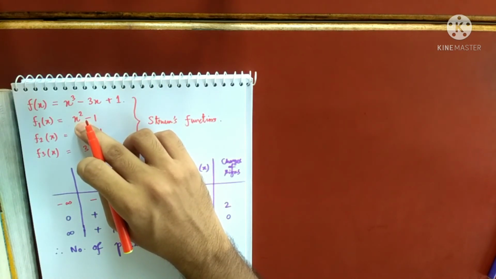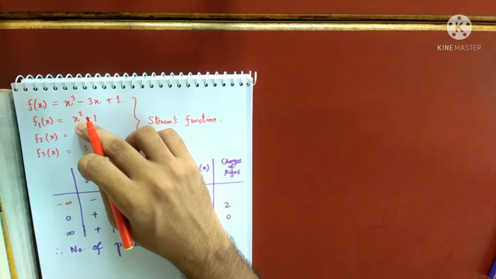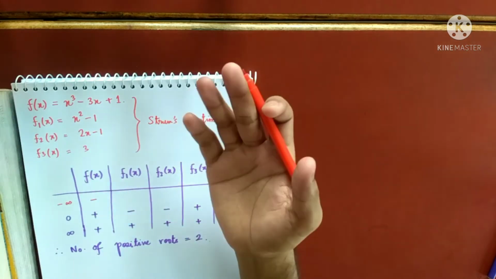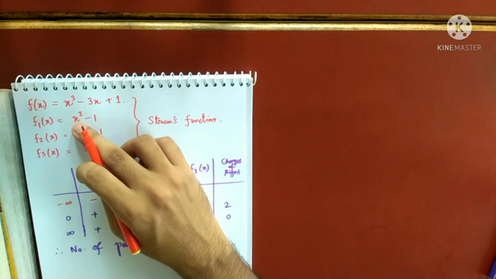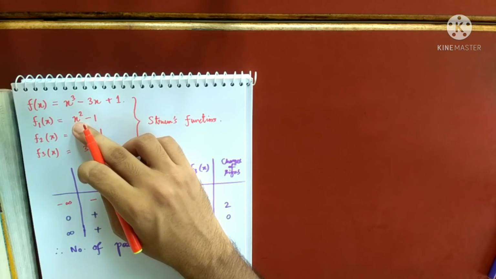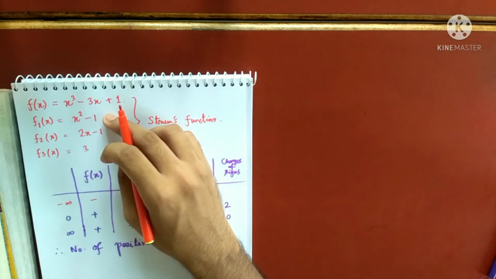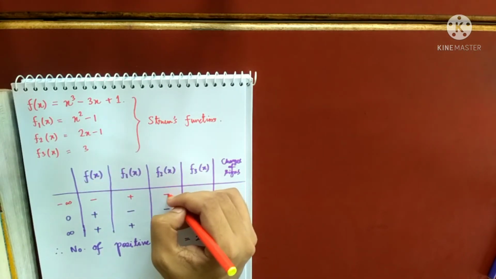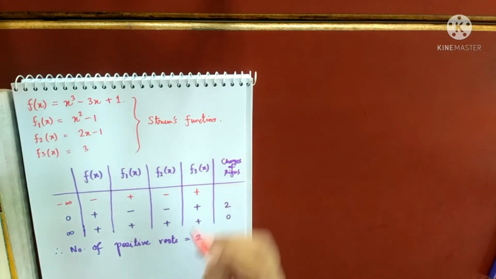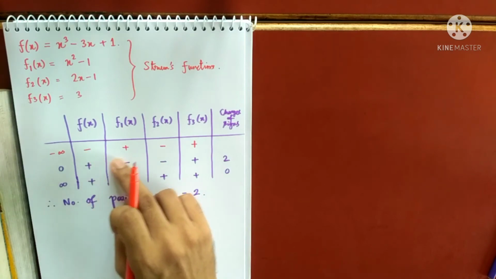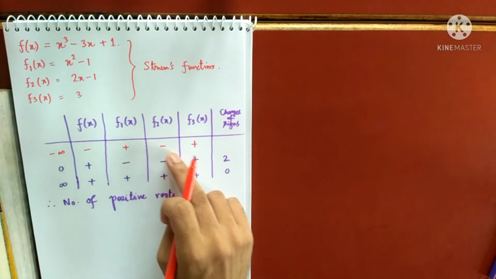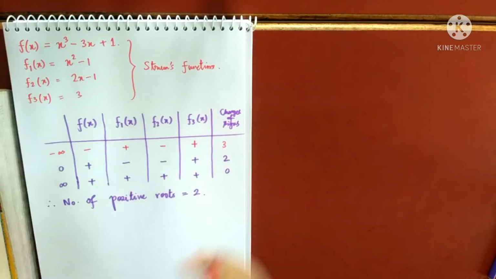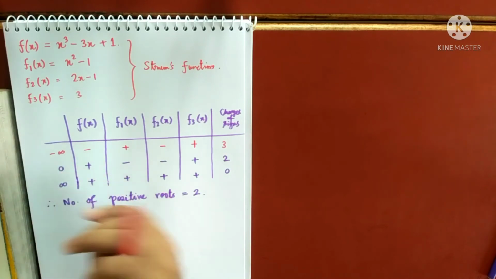Again, minus infinity square minus 1000. 1000 is not that big, still I am considering. So minus 1000 square is positive, and minus 1 is still positive. This is negative and this is positive. What are the changes in sign?